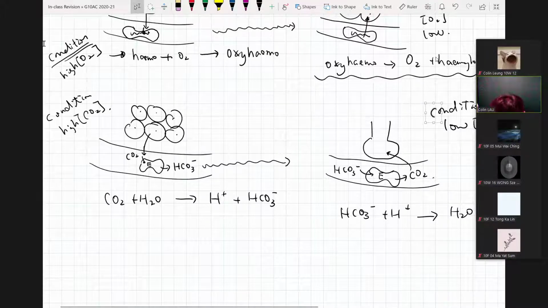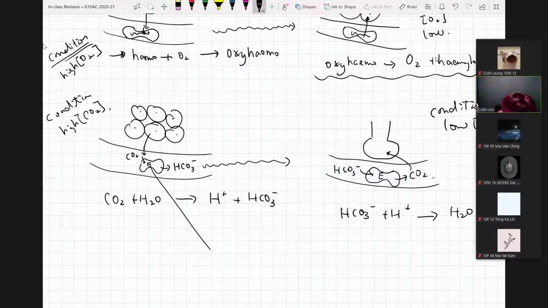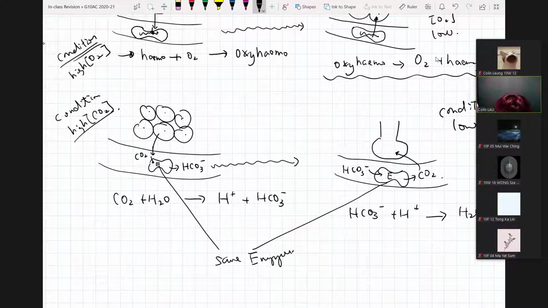You can consider it in this way. You have the enzyme. This is the same enzyme. If the concentration of CO2 here is high, that means the HCO3 minus concentration is low, right?